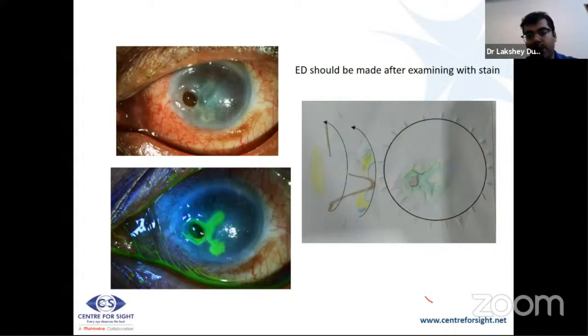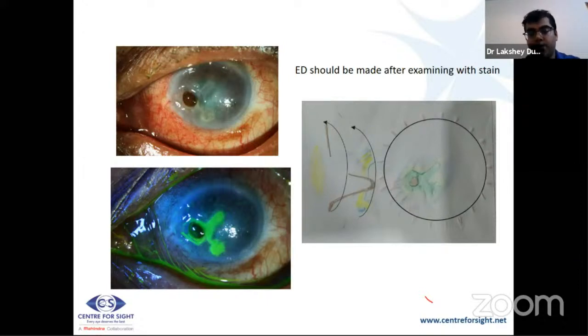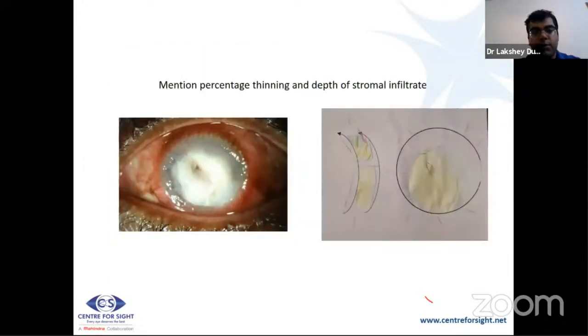So here perforation we have drawn with the green color and then brown color iris plugging the perforation. Stromal infiltrate with thinning with yellow. Site of perforation where iris is plugging in with the brown. New vascularization with red. So mention the percentage of thinning and depth of stromal infiltrate.